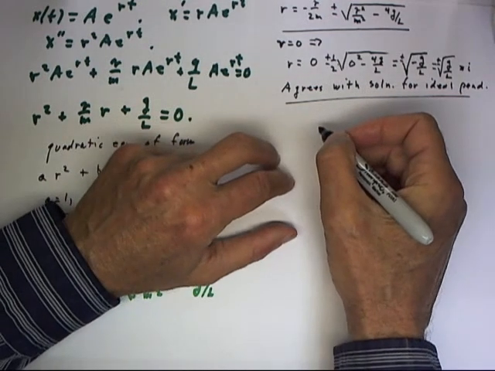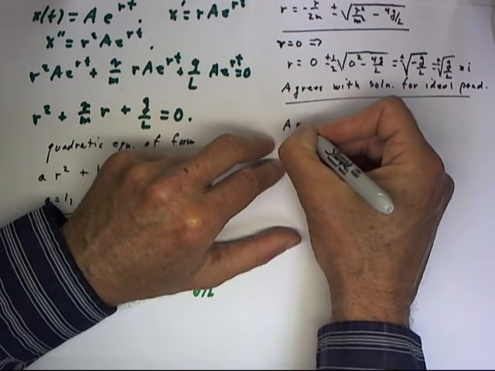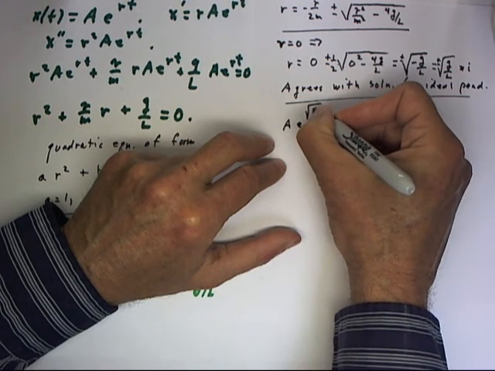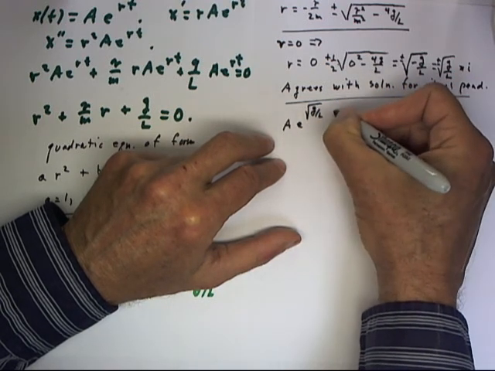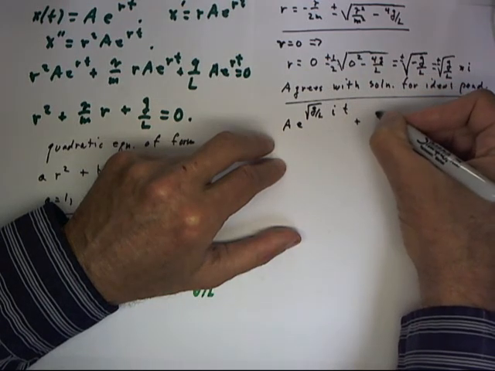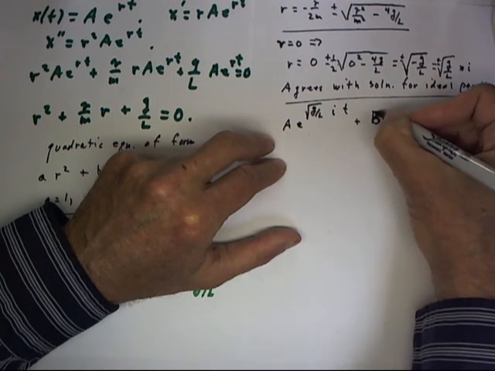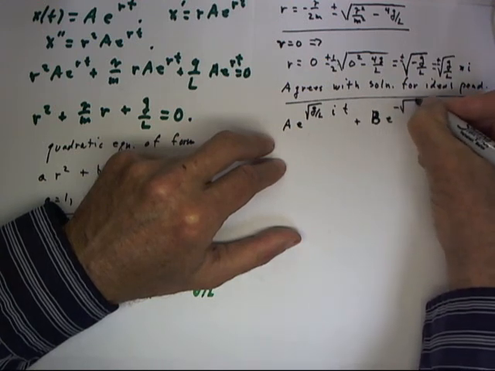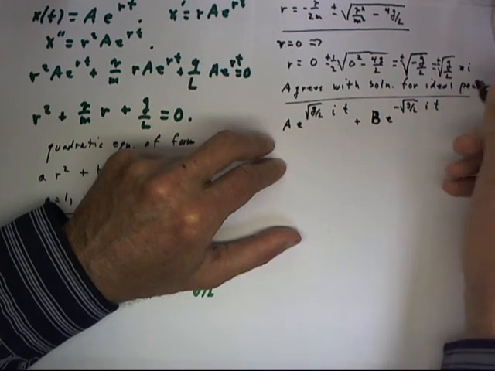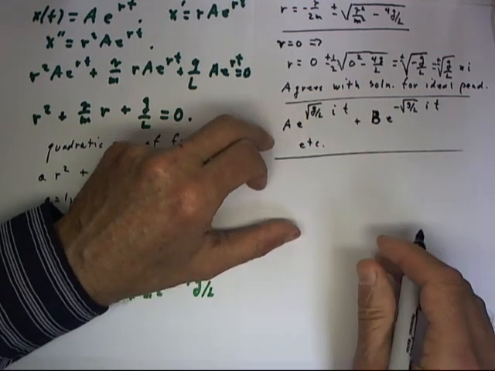Just to make sure we see the connection, our solutions are going to be a e to the square root of g over L i t plus, well, let's say b e to the negative square root of g over L i t, et cetera.